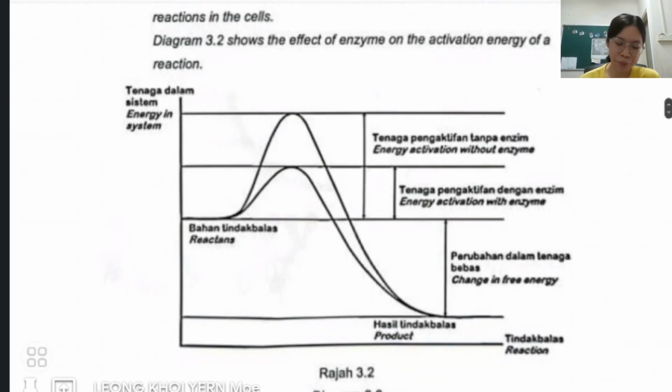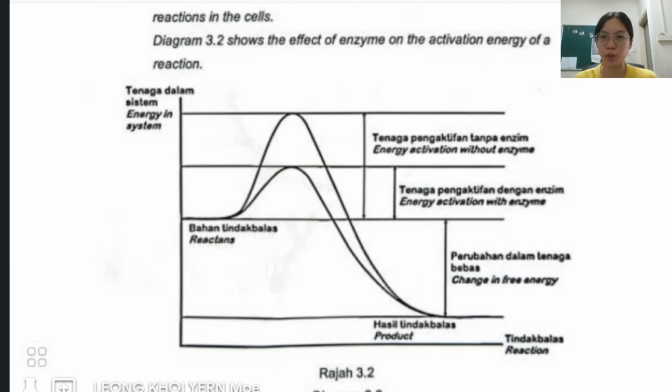Imagine every type of reaction has this thing called the activation energy. The reactants have to overcome this activation energy in order to produce a product, in order for the reaction to occur.